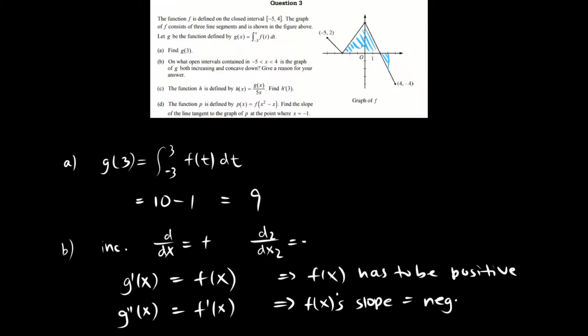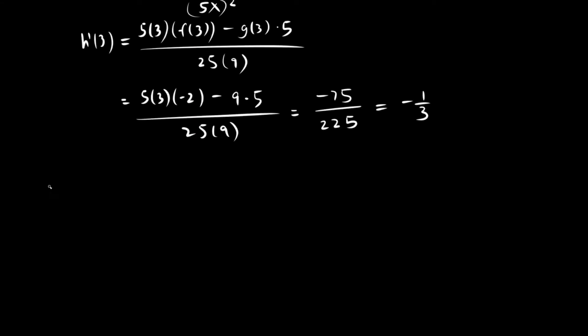So we know that for part D, p of x is equal to f of x squared minus x. When we take the derivative of p of x, so p prime of x, the chain rule kicks in for the right side. So first we need to take the derivative of the outside function.